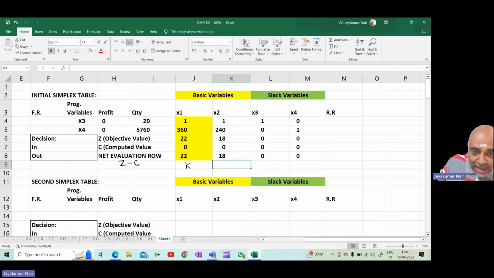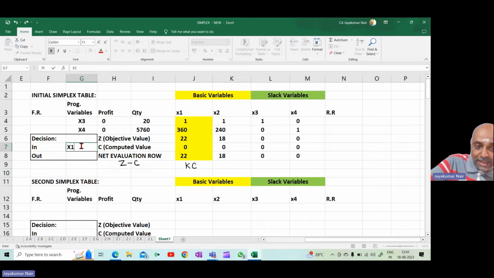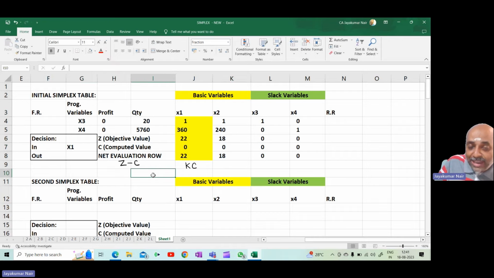Now, once you identify the key column, the variable you have here, that is x1, will come into the table. That means you have to produce x1. So in the next table, x1 will come in.